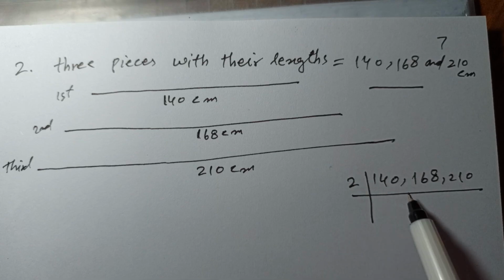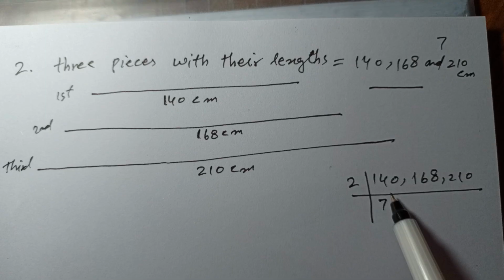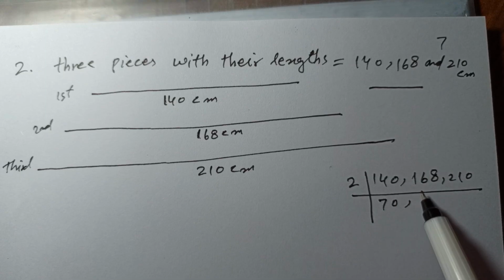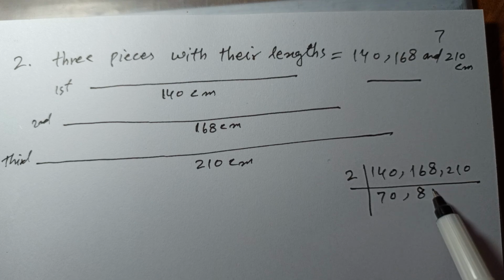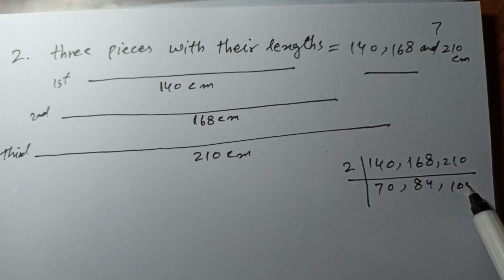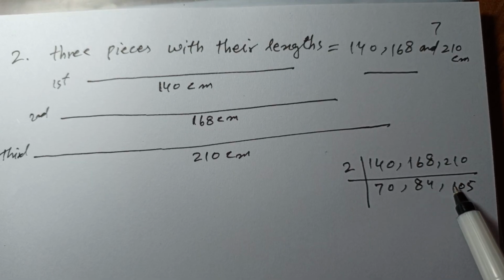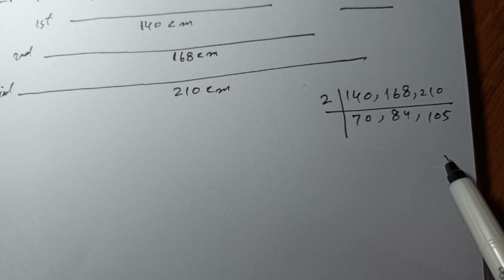So when 140 is divided by 2, 2 sevens are 14, so 7 here and 0 here. 168: 2 eights are 16, 8 here, 2 fours are 8, 4 here. 2 ones are 2, 0 will be there, then 2 fives are 10. If you don't know this type of division, I am going to show it here.